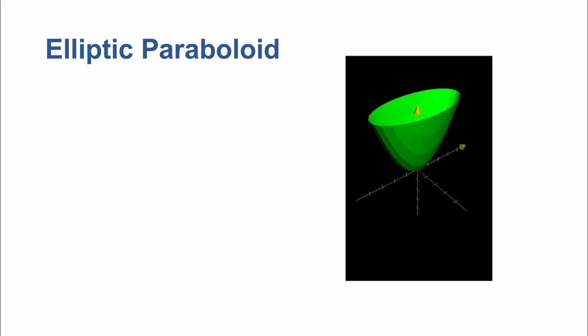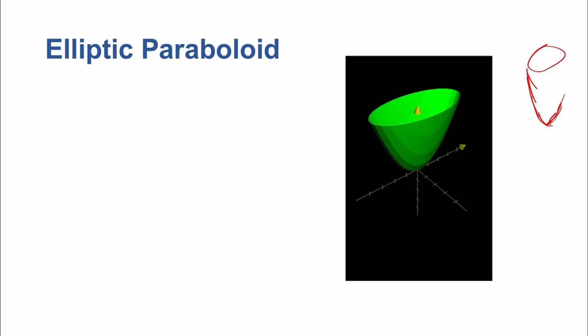Now, we also have the elliptic paraboloid. The elliptic paraboloid is a parabolic shape, but it could look kind of like a parabola, but in the 3D case. Now, of course, in the degenerate case, where we have a circle instead of an ellipse as one of the cross sections, it would look more like this.